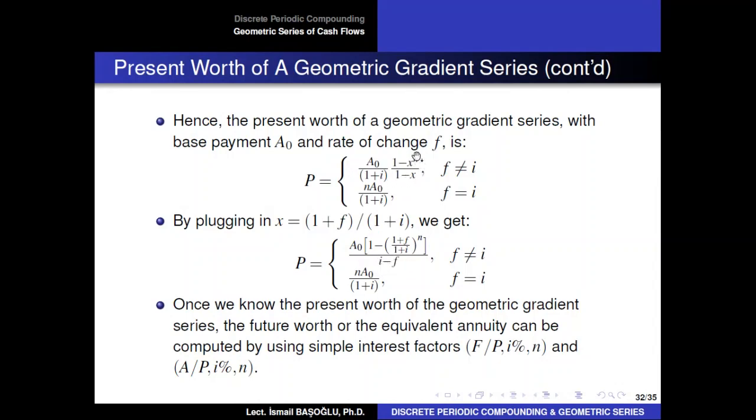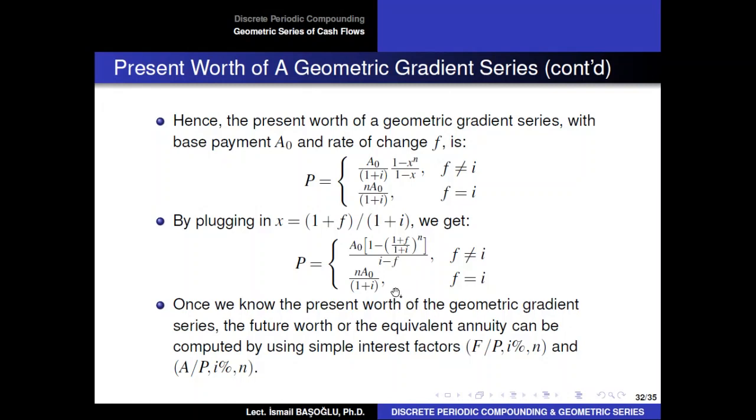So the above formula will become like this, and the below formula will not be affected because it is not affected by the value of x, because when f and i are equal to each other, x is simply equal to 1. So this is the present worth formulation for the gradient series.